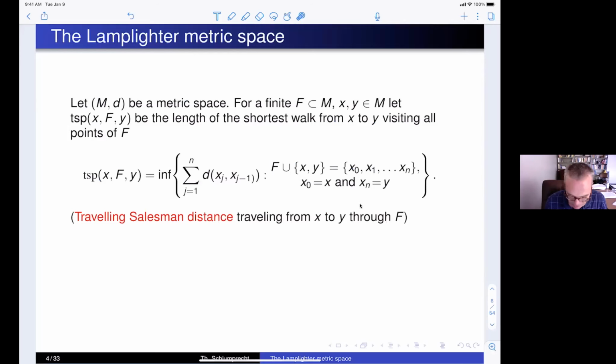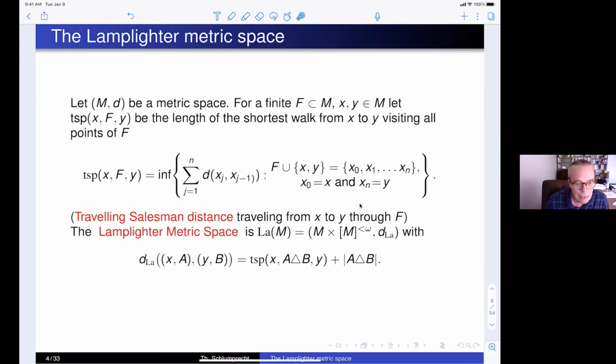Now, the Lamplighter metric is simply the traveling salesman problem from x to y going through the symmetric difference of A and B, plus the cardinality of the symmetric difference of A and B. If you only have the first part, then this would not be a metric, because, for example, if you take the singleton {x} and the empty set, these have a traveling salesman distance of 0.